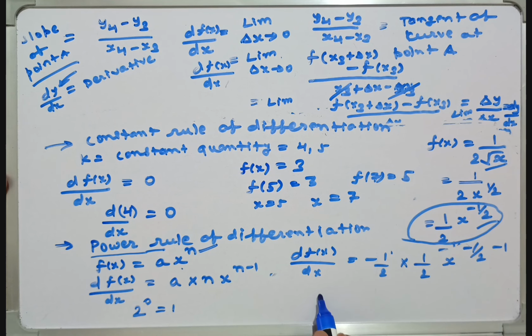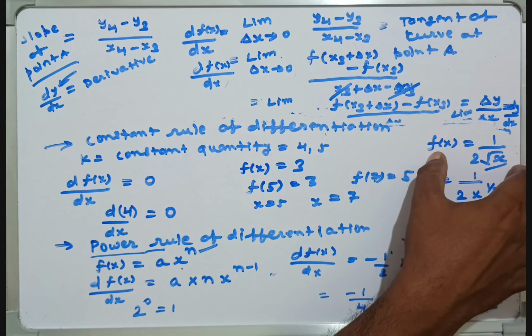So again, it is equal to minus 1 by 4 times x to the power of minus 3 by 2, or you can further write it as x to the power of 3 by 2 in the denominator. This one is your solution. This way you can utilize the power rule for finding the derivative of such a function.